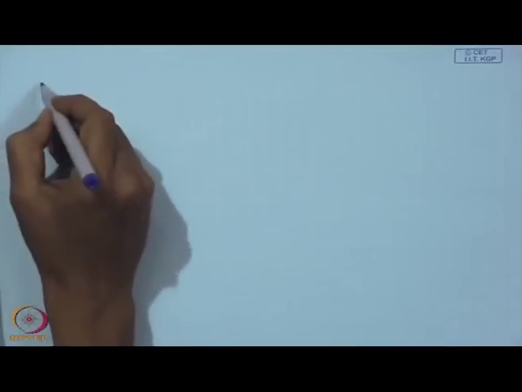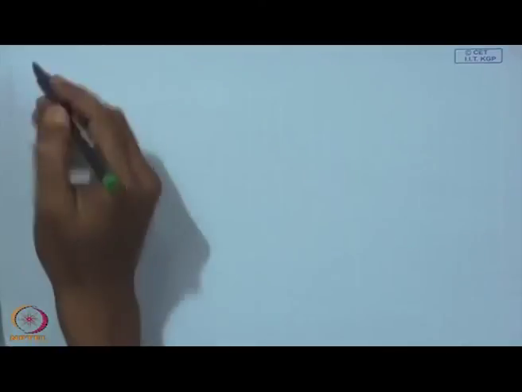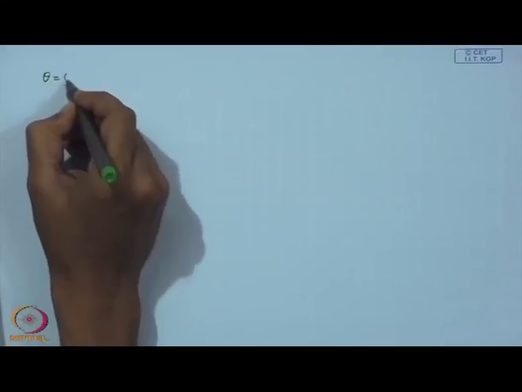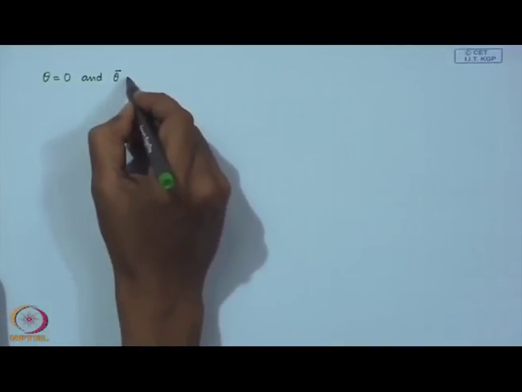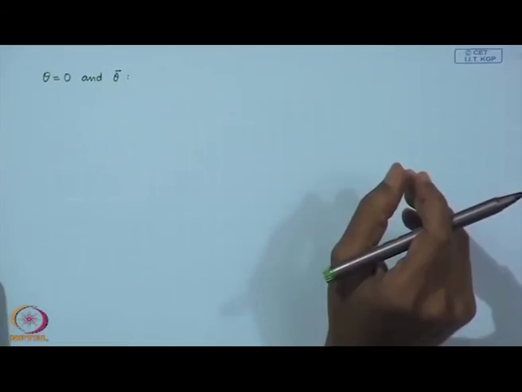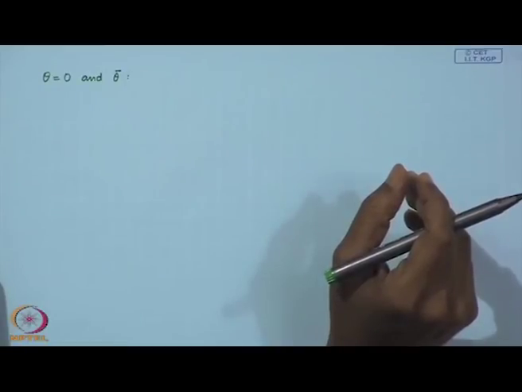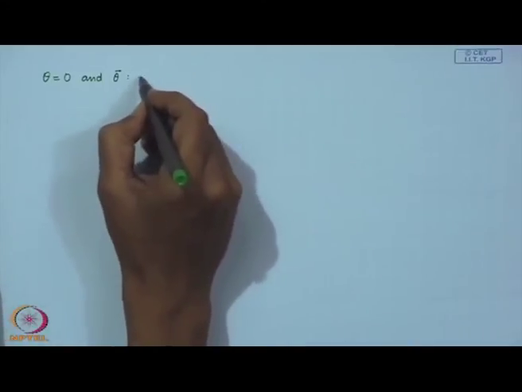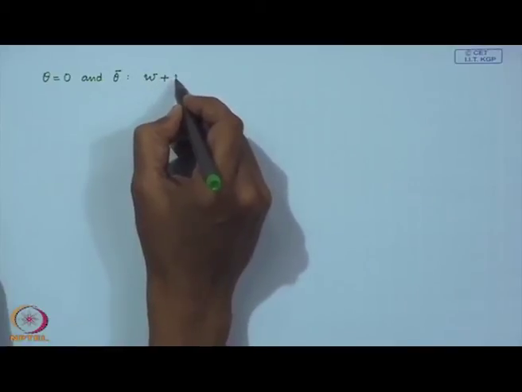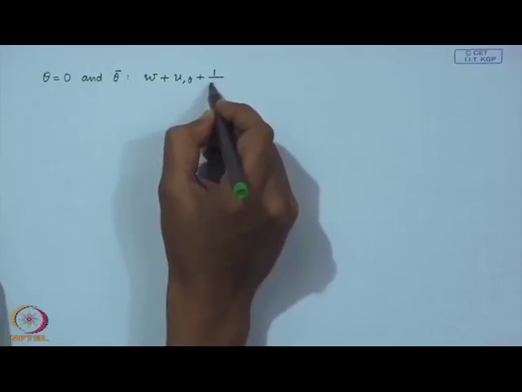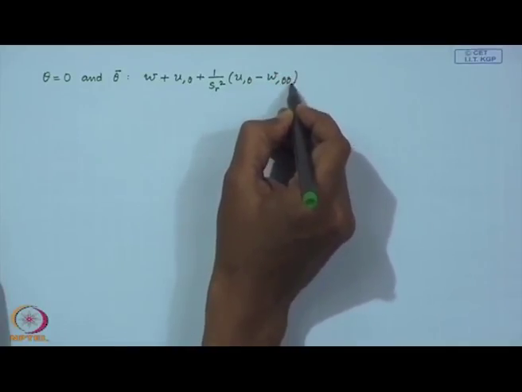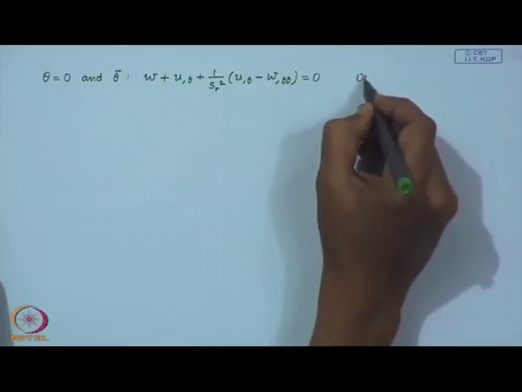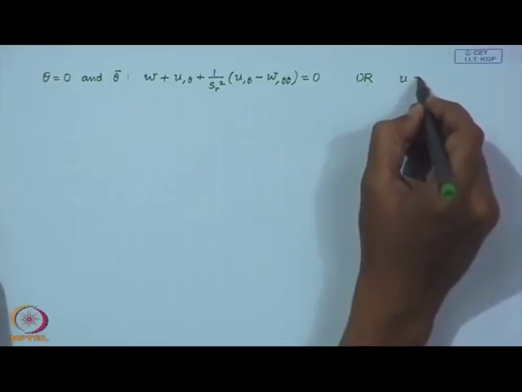We have, at theta equal to 0 and theta bar, so we must have this equal to 0 or u must be equal to 0.